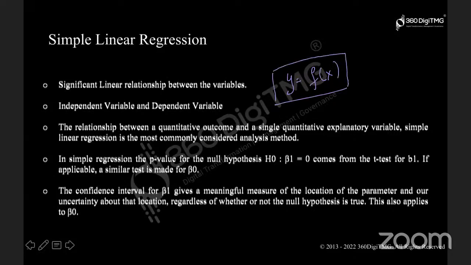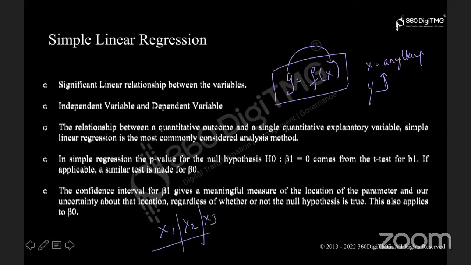As we understood in our previous discussions, x can be anything, and y is always dependent on x. X can be x1, x2, x3, it is your choice. These are nothing but the features. You call them column names, or you can also call them variables or dimensions.